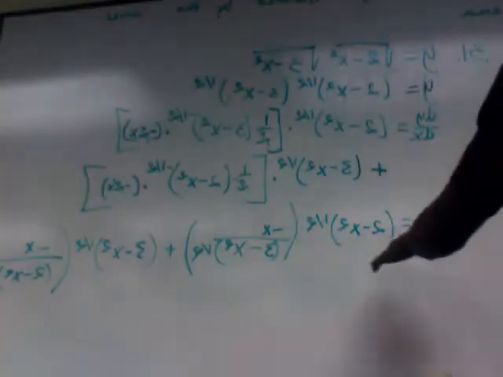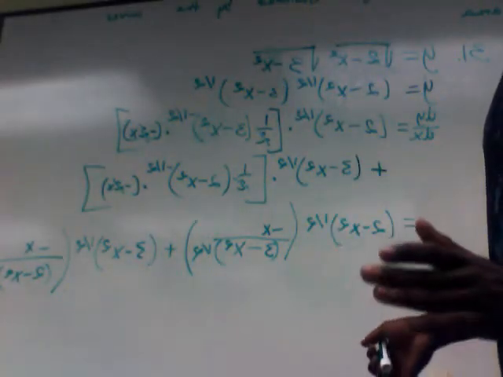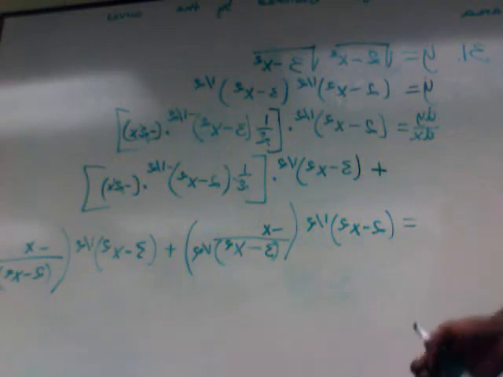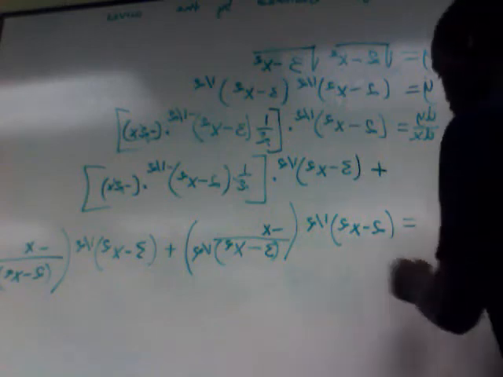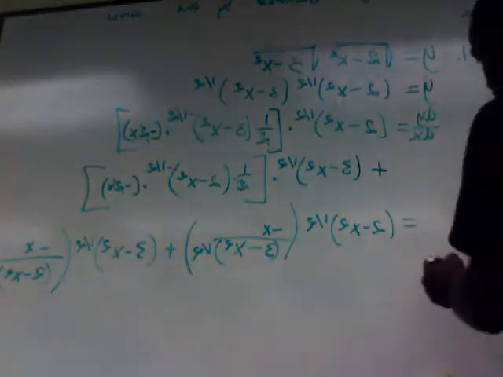Now, we want to keep simplifying to make our result a lot smaller, right? So now we're gonna multiply whatever we have on the outside by what we have inside, right?